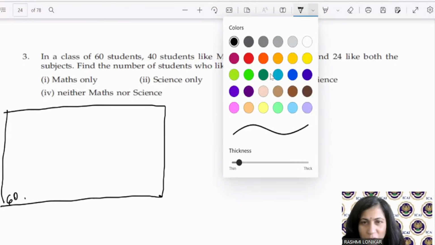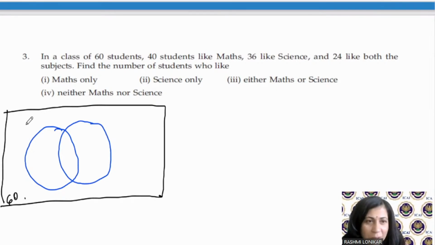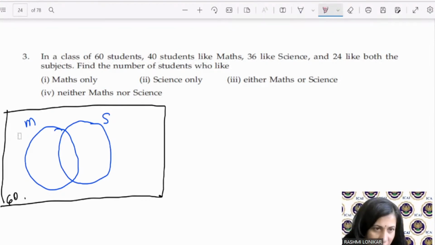Then you know those sciencey students who used to love maths and science in your class 10. Okay, so this is my maths, this is my science. So first, they're asking you to find only maths. Okay, this is what they are asking you to find out.